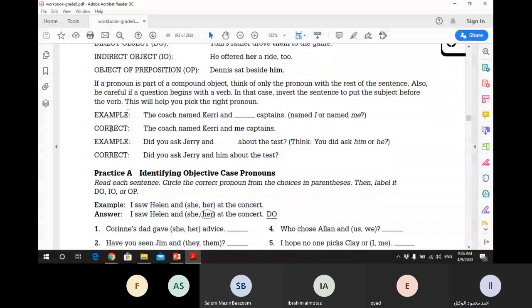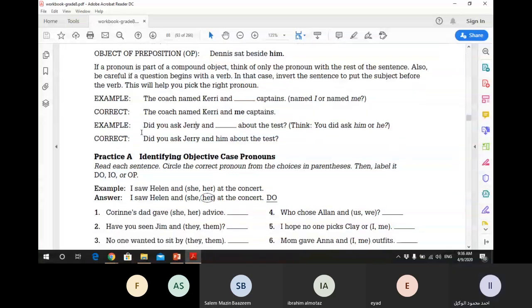This will help you. For example, the coach named Carrie and me. So the coach is the subject, named is the action verb, Carrie and me is what? The compound object.